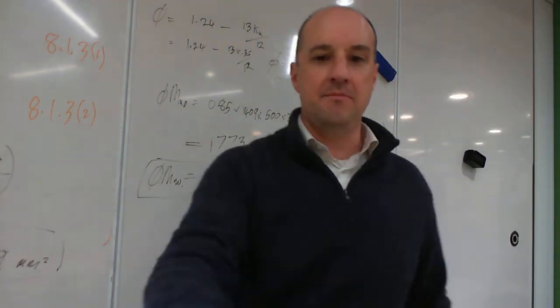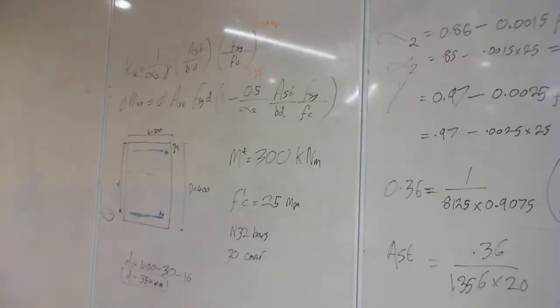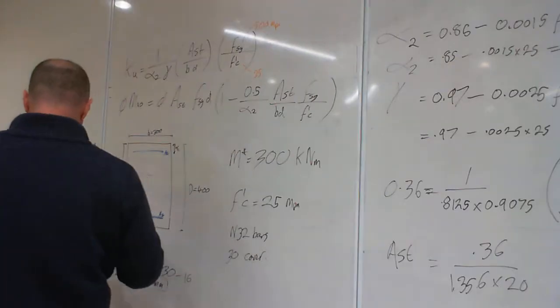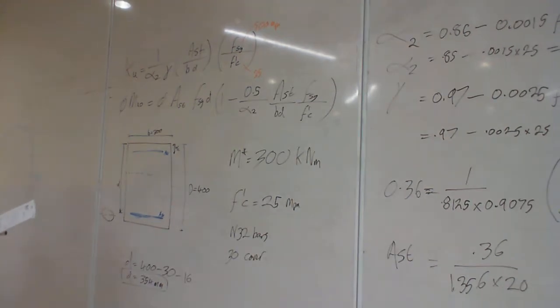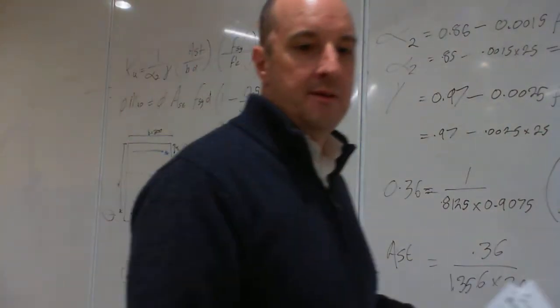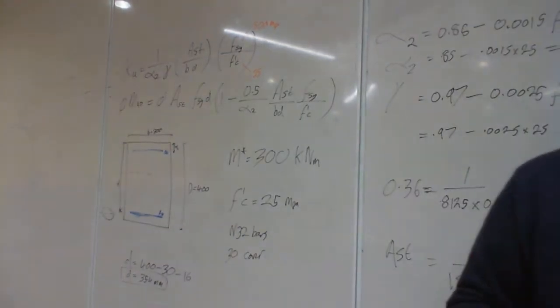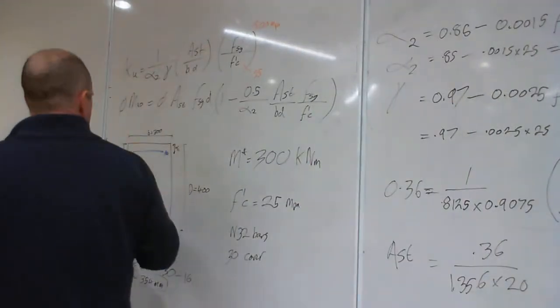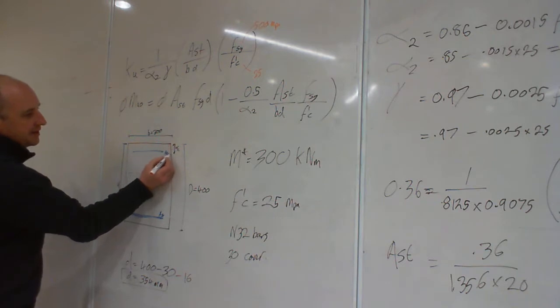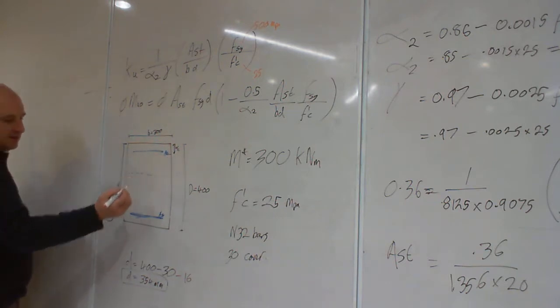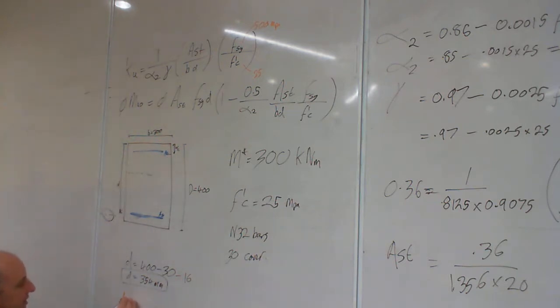To get the lever arm, we come back to our beam here, this bit over here. We need to find the distance from there to the centroid. So we'll call it DSC equals 30 mil cover plus half a bar, which is 32 mil, so 30 plus 16 equals 46 millimeters.